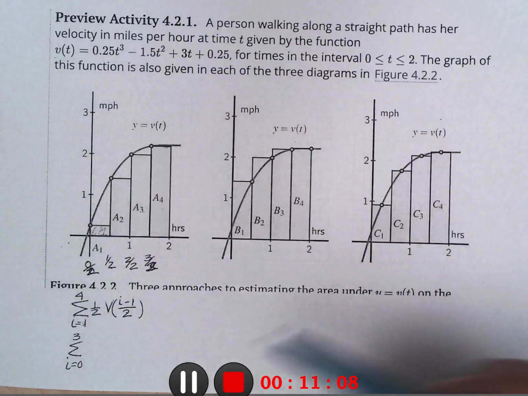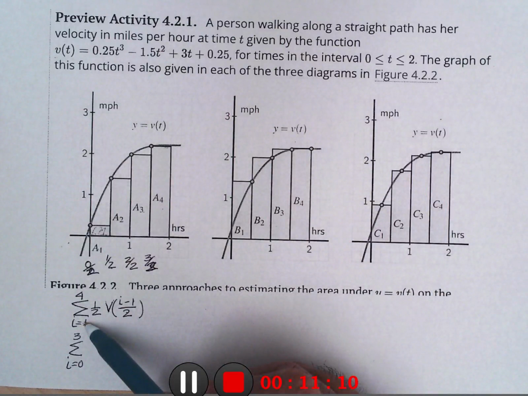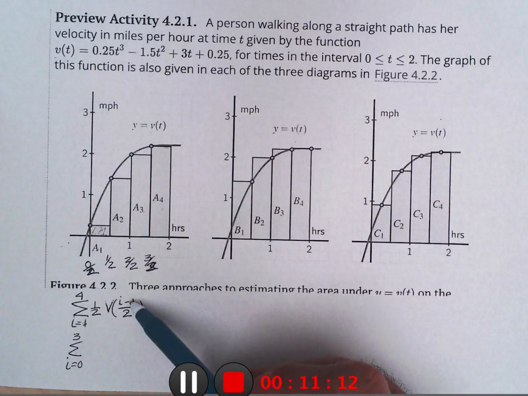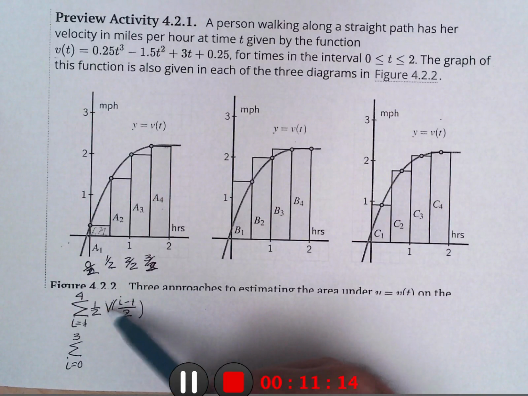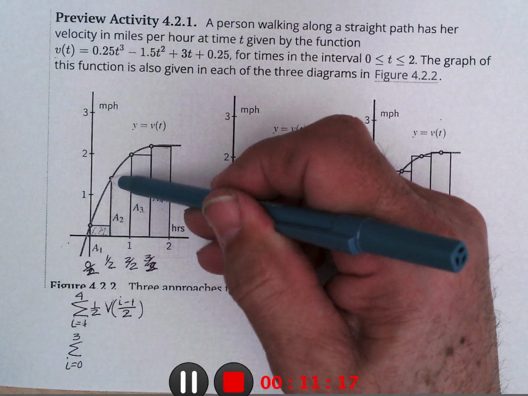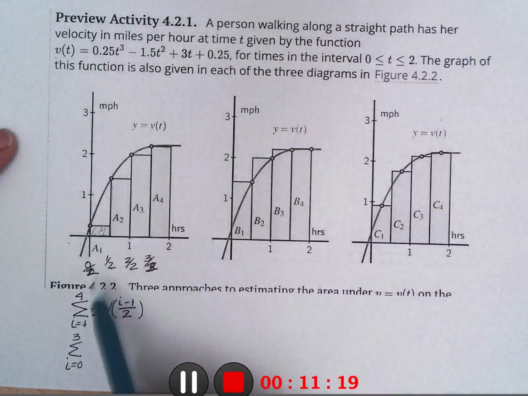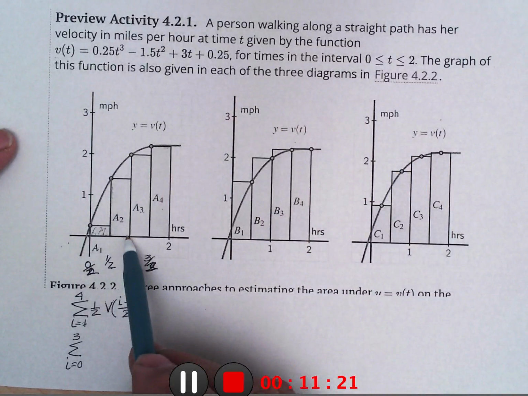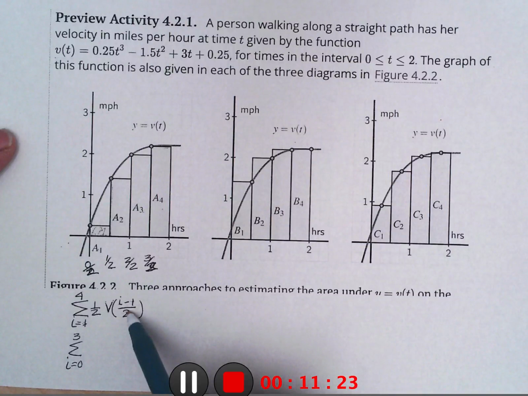And when i is 2, 2 minus 1 is 1, 1/2. V of 1/2 would be this height, and this 1/2 would be that width, so that would give me the second rectangle, A2.